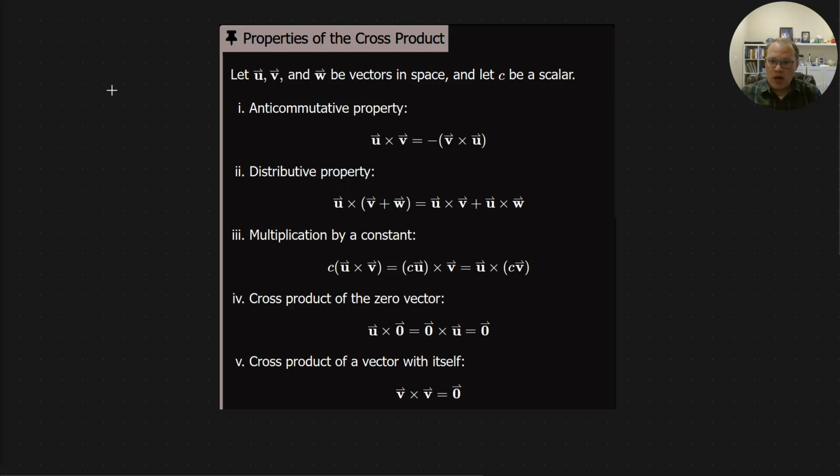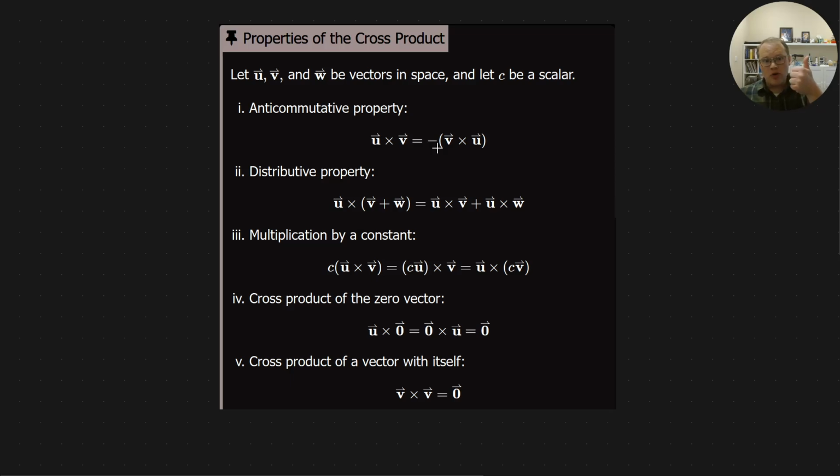But the cross product is not commutative. It's anti-commutative. It's actually almost the opposite of commutative. Okay? u cross v and v cross u aren't the same thing. In fact, they'll be pointing exactly in opposite directions. And we saw that with the right-hand rule, right? If you curl your fingers first through u and then through v, your thumb will be pointing one direction.